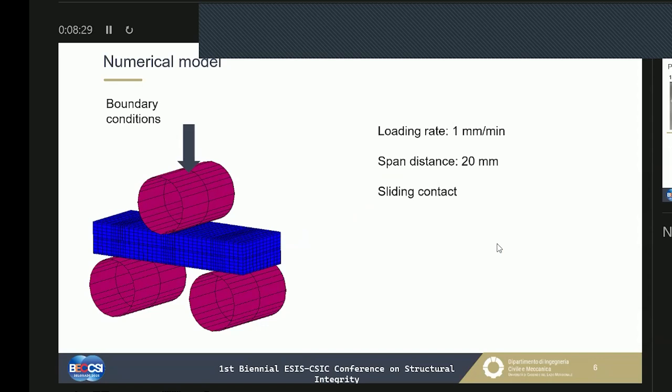In particular, the two supports were placed under the specimen at a distance of 20 millimeters, as said, and blocked in space, while the loading nose was placed in the center, and to this body a motion law of 1 millimeter per minute was attributed to simulate the test.